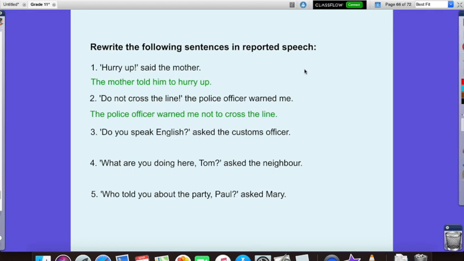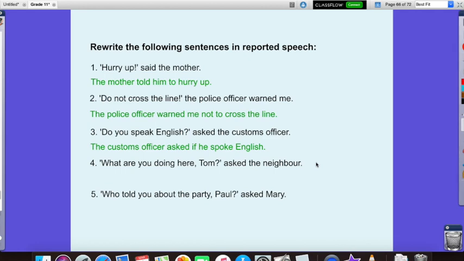Third sentence. Do you speak English? Asked the customs officer. And the answer, the customs officer asked if he spoke English, or if she spoke English.